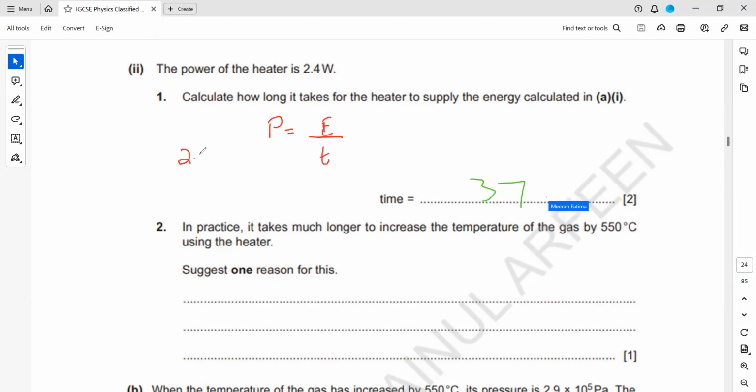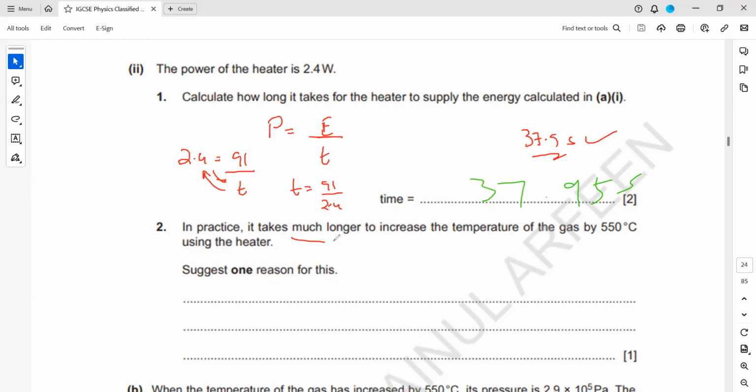So we have the power which is 2.4, energy we are supplying 91, and time we don't know. We cross multiply. So the time will be equal to 91 divided by 2.4, which is 37.955. Always write in three significant figures. So if you write 37.9 second, that's also fine.